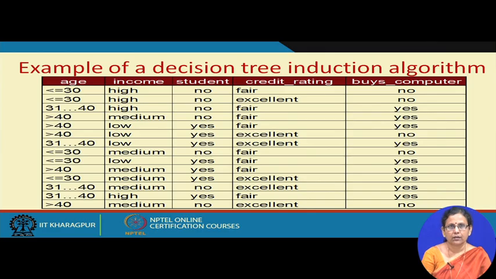The buyer's characteristics for various buyers are shown here, and based on these characteristics, his age, income, whether he is a student, and whether he has a good credit rating or not, you have to decide whether he will be buying a computer or not, and accordingly you will be giving him the preference.